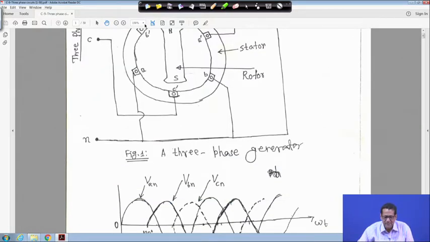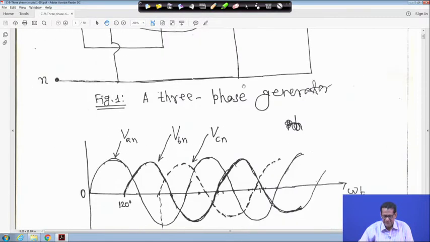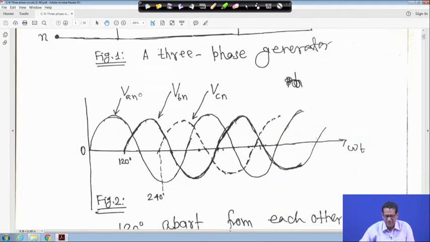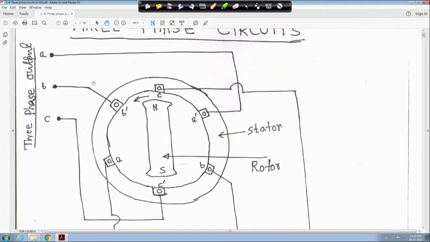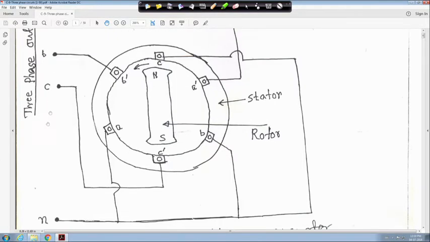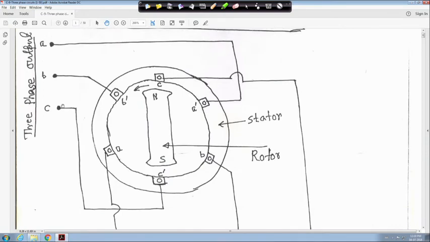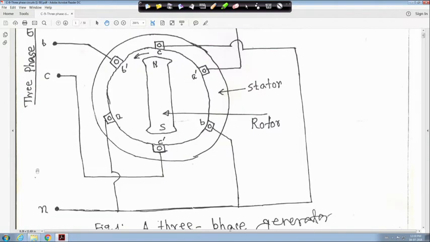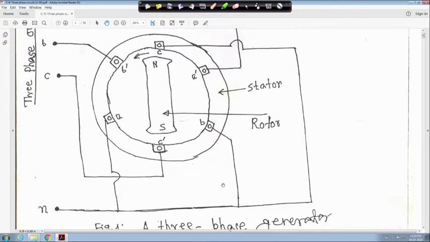Let me make it clear. In this case, if you look at the voltages VAN, VBN, and VCN, here we have marked A, B, C. One voltage will be A to N, another B to N, another C to N. So VAN, VBN, and VCN, right?